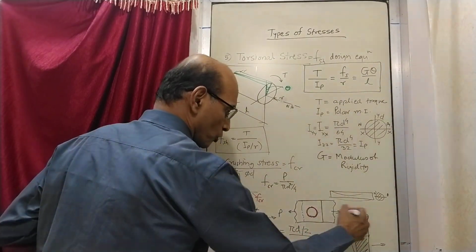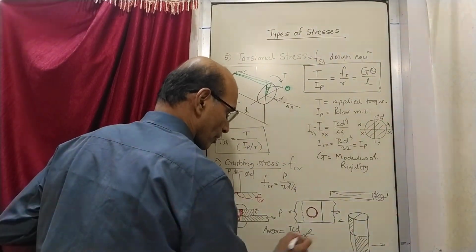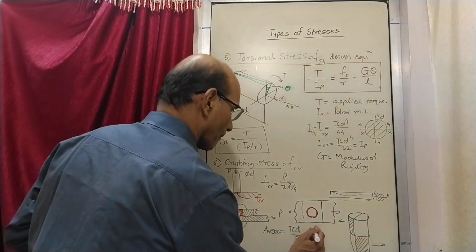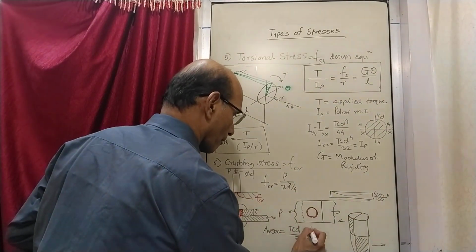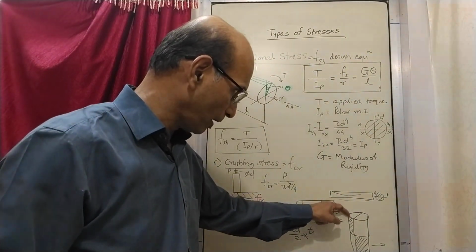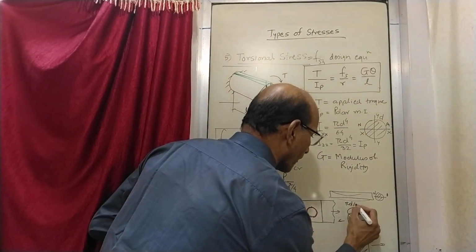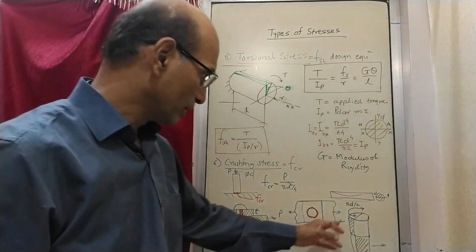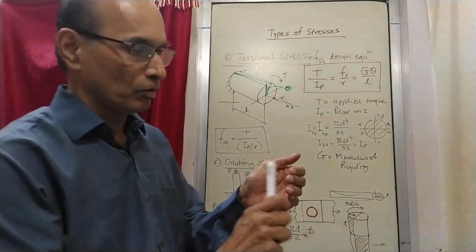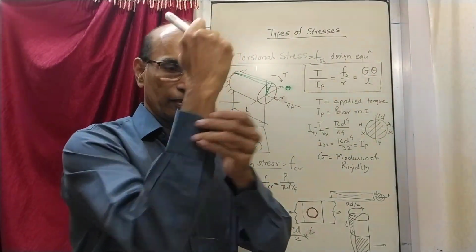So pi d by 2 into T, not S, T. Pi d by 2 means only half side, and the other dimension is T. So this is diameter D, this is pi d by 2, and this is the thickness T, which is coming in contact like this.